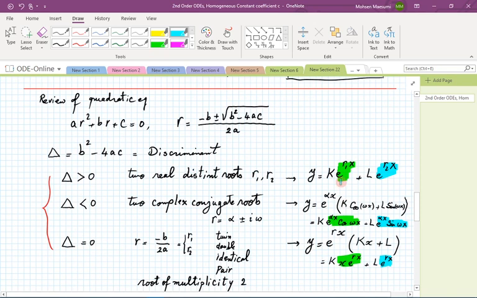In each of these possibilities, you see there are two functions involved. The most straightforward case, we get two roots of the quadratic equation, the so-called characteristic equation, and then we have two functions. These are referred to as two solutions of the differential equation.